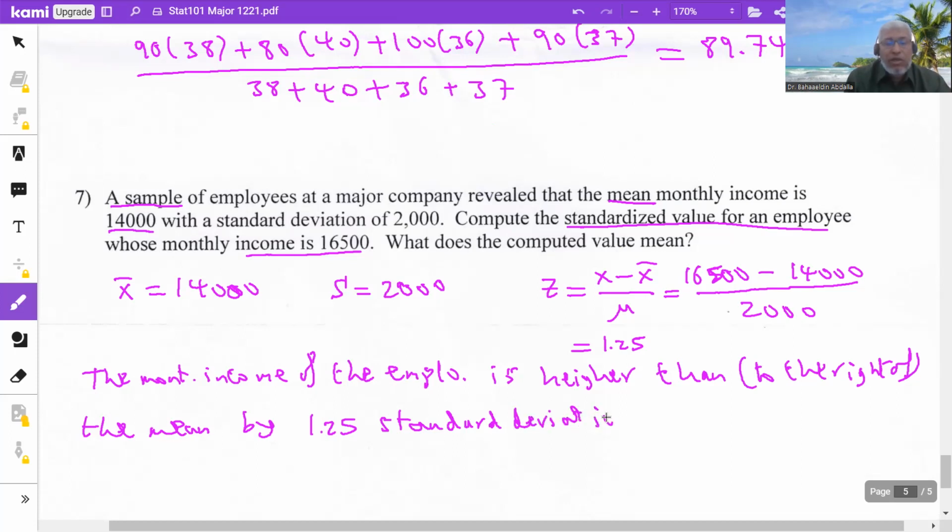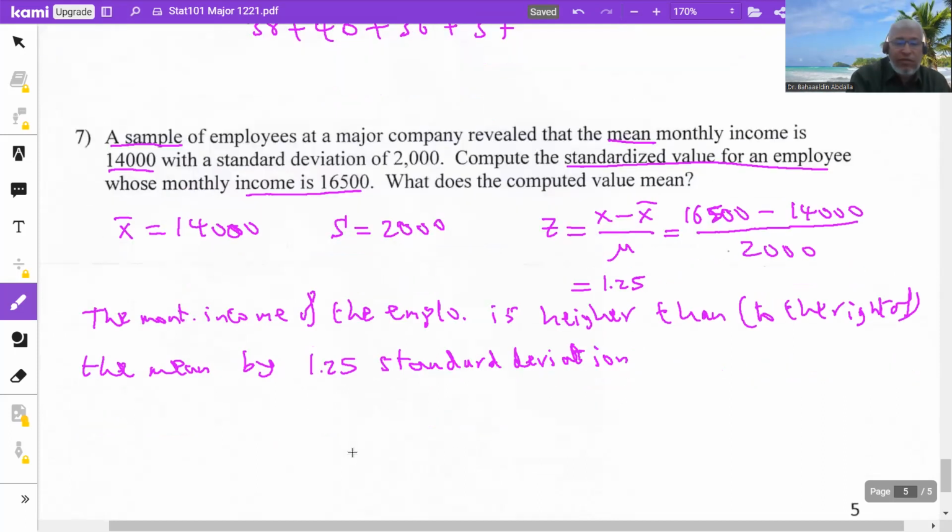So it's a good salary. It is higher than the mean by 1.25 standard deviations.